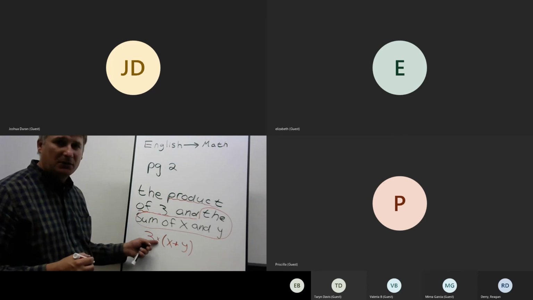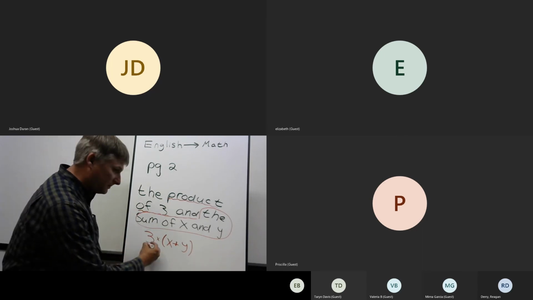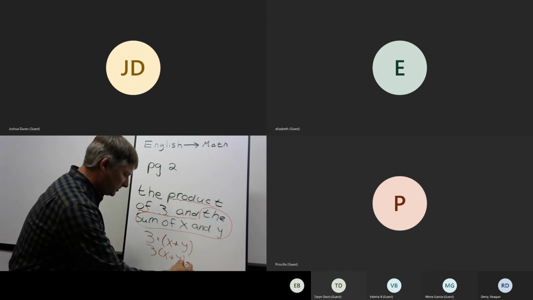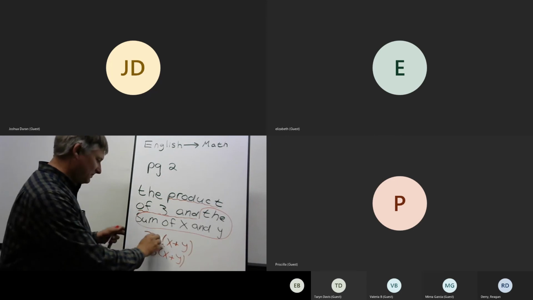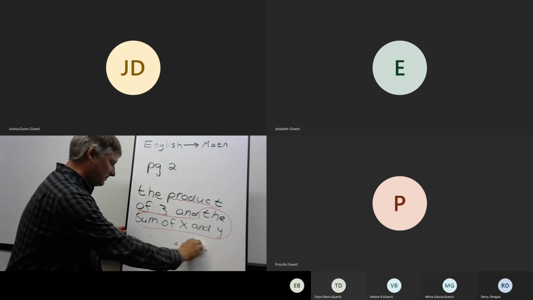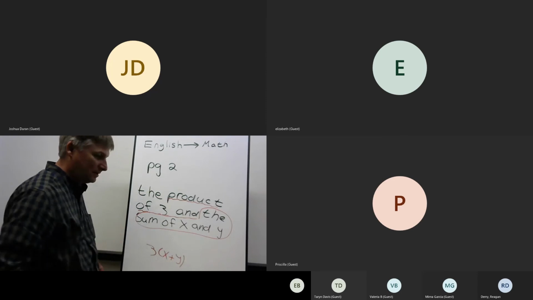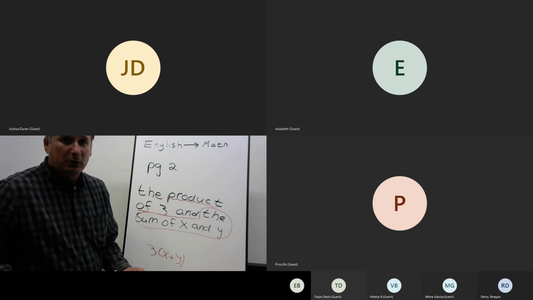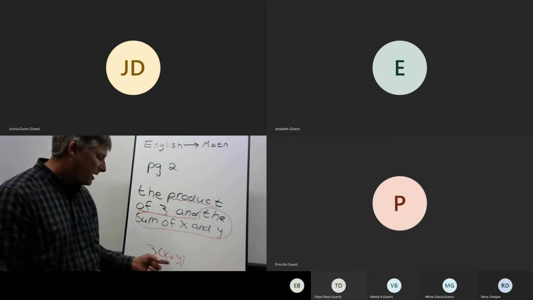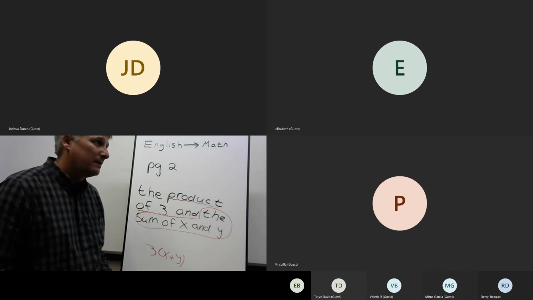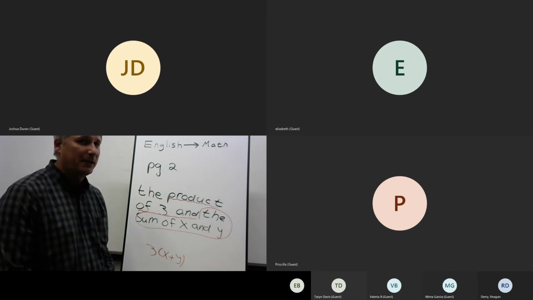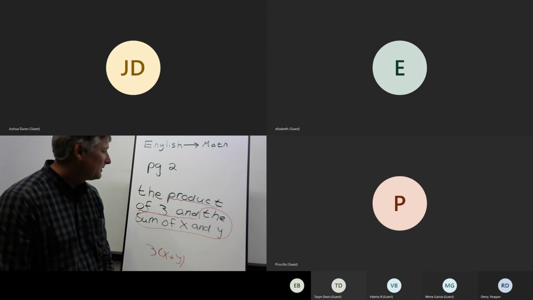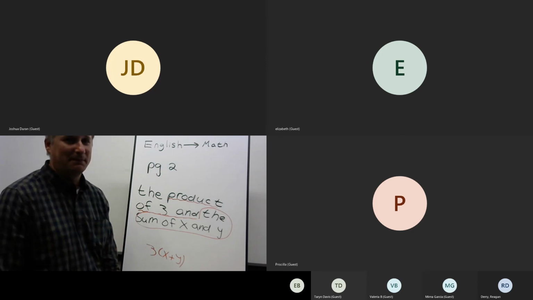Now I'm using the little multiplication sign. I'm going to clean this up a little bit. 3 times (x plus y). And if we know what x and y are, then we can actually do this sum. Until we know what x and y are, we really can't do much. Though there is something called distribution. We'll talk about that later. There is a little something we can do. But that's what this would translate to. Any questions about that?